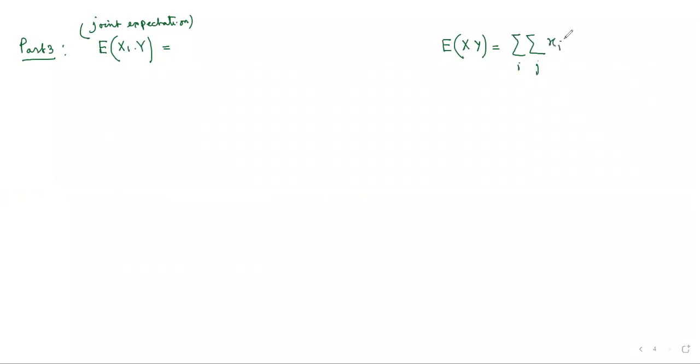We take xi and yj, and we consider the joint probability where capital X takes the value xi and capital Y takes the value yj. This joint probability is considered. And we take the product of the individual values of the variables, that is capital X and capital Y.